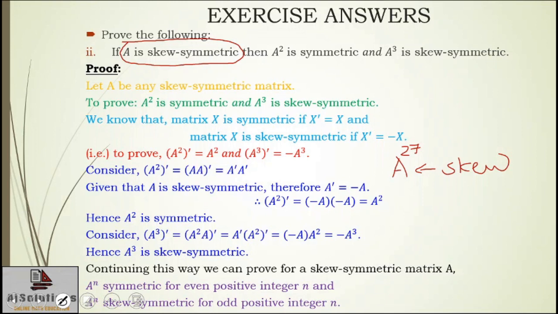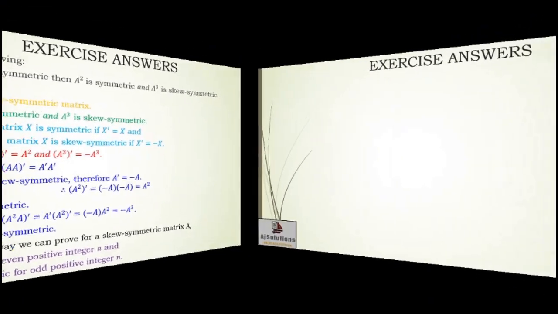And if I ask you what about A raised to 2000? A raised to 2000 is an even positive integer power of a skew symmetric matrix. So this is going to be symmetric. I hope the note point is clear to you. So let's proceed to the next.